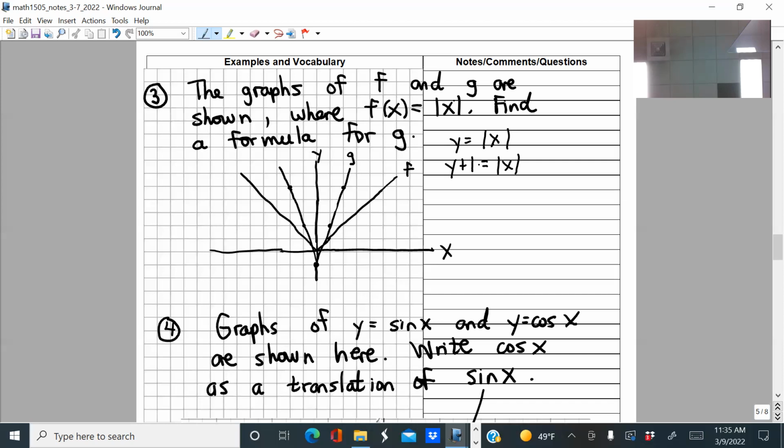There's going to be a shrink there, right? Because it looks like we've taken the graph of f and just compressed it. So it looks like there's a horizontal shrink, which means I've done what?